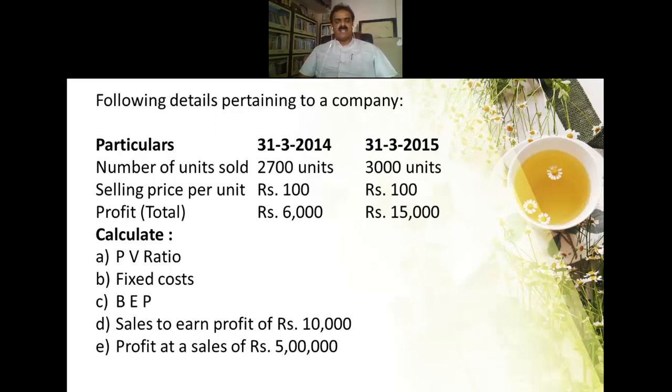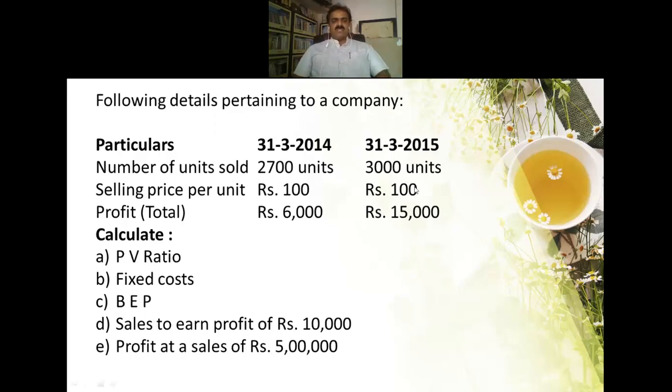By analyzing the given information, the sales is given as 2,700 units sold at the rate of 100 rupees, which amounts to 2,70,000 rupees, and in the year 2015 the sales is 3,000 units sold at the rate of 100 rupees. With this information, we need to understand whether the sales position has increased or decreased.